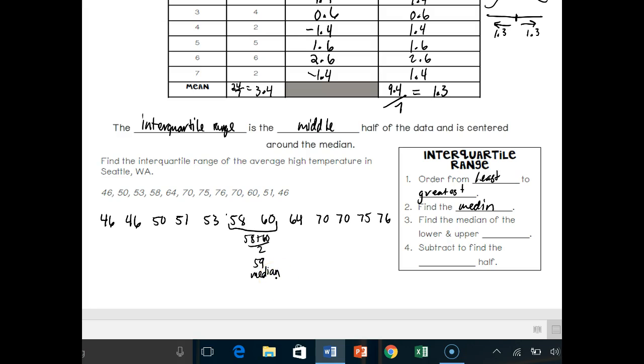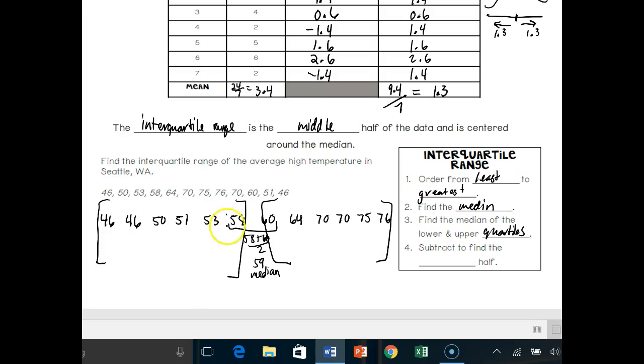All right. Now find the median of the upper and lower halves. So I take half of the data right here and find its median, and then take the other half of the data and find its median. I'm just segmenting it into quarters.